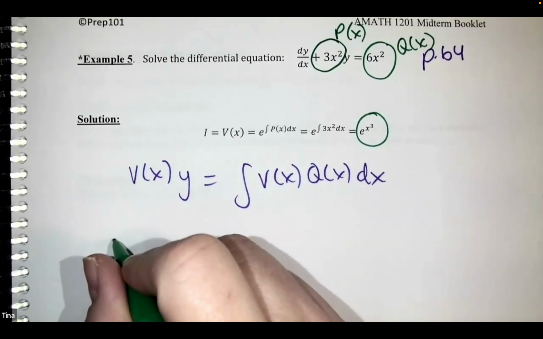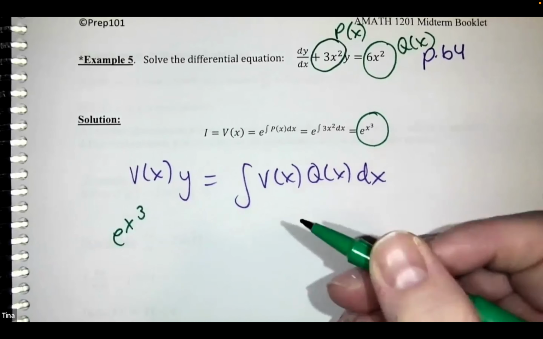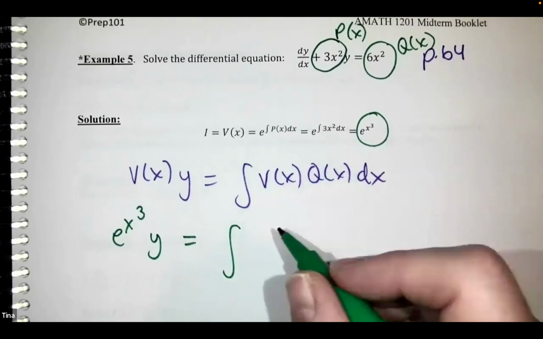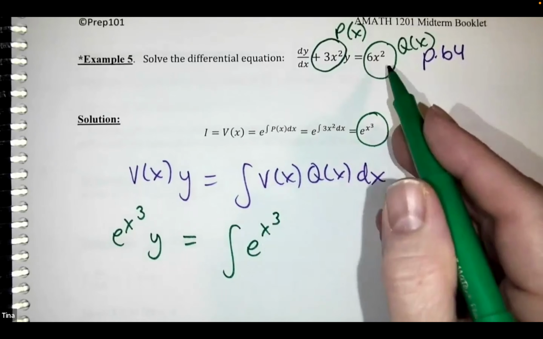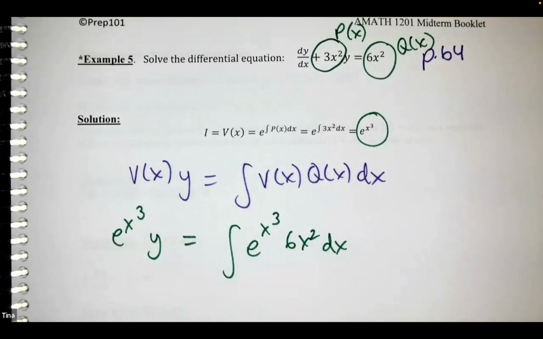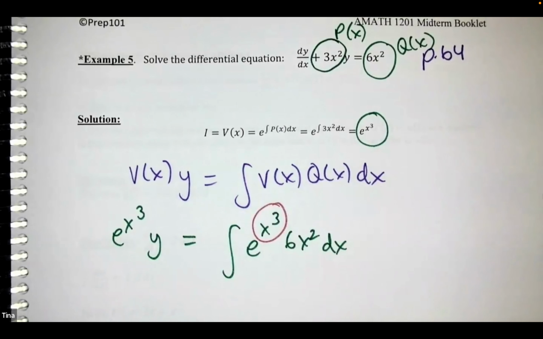So we've got v(x) is e to the x cubed, y equals the integral of e to the x cubed times 6x squared dx. Okay, so here this would be our substitution, right?